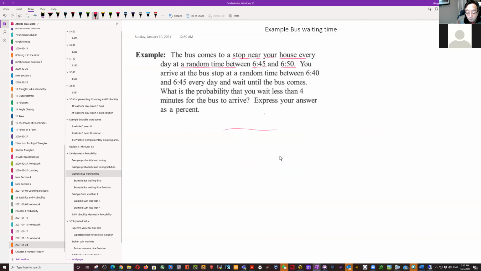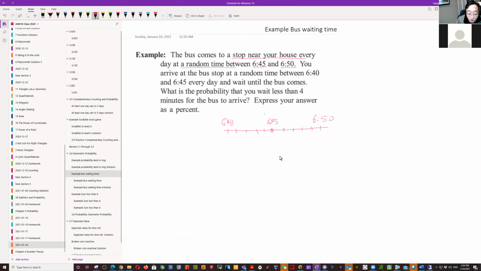So if you write it on the same timeline, 6:40 and 6:45 and 6:50, 1, 2, 3, 4, 5, 6, 7, 8, 9, 10.